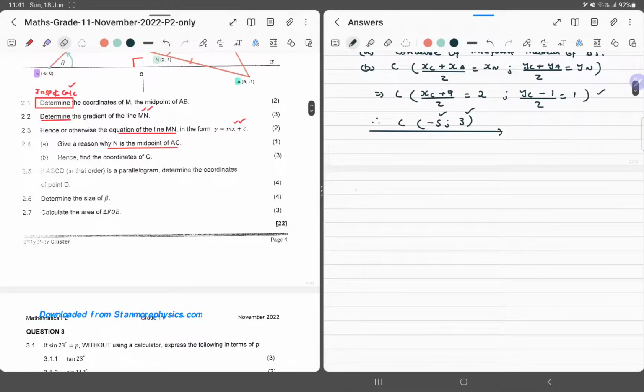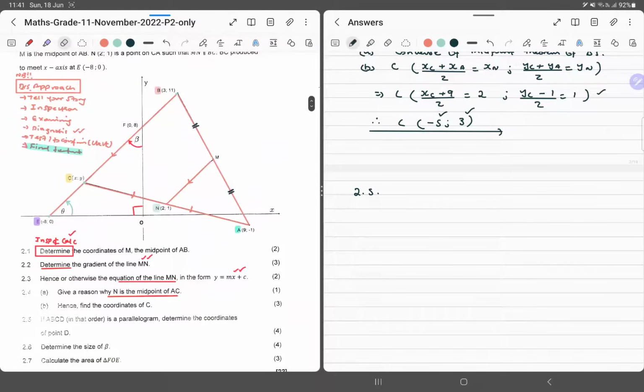Okay, 2.5 says if A, B, C, D in that order. So we're going to get A, B, C, D is a parallelogram. So if that is the case, it means D is a point somewhere.